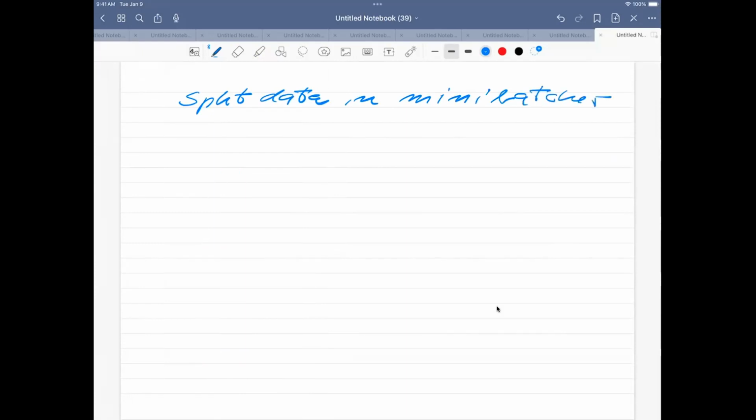So suppose you have 100 data points. This is the total number of data points which we have, 100. And then you could split everything into M equal to 10 so-called mini batches.